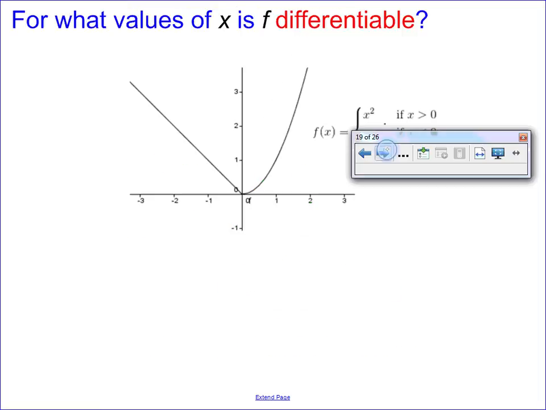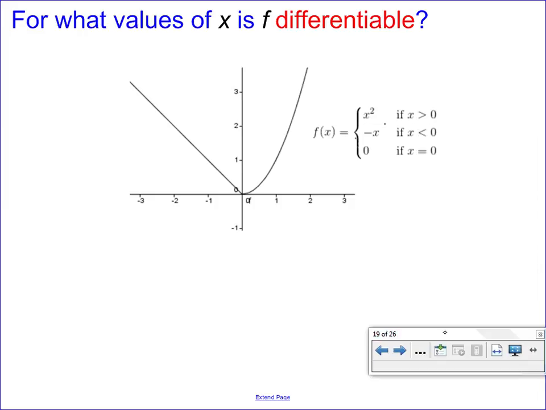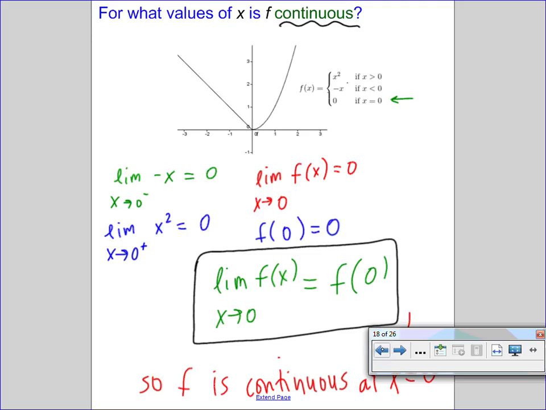Awesome. What's different about the second one? Well, now we're not talking continuity, we're talking differentiability. So for differentiability, we need the left-hand slope to match the right-hand slope, and we need continuity. The good news is that we've already determined continuity. Continuity is a prerequisite for differentiability, as we've seen. Since we've shown that f is continuous, now we can focus on the left-hand slope.